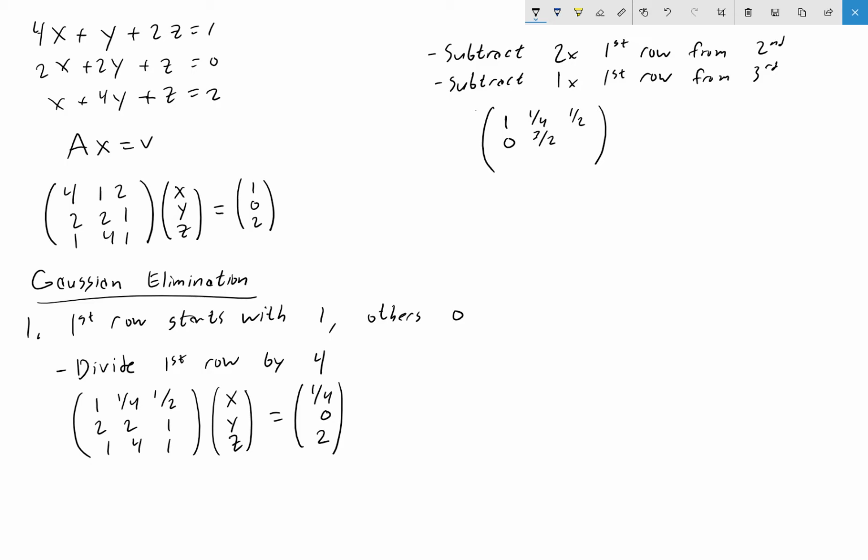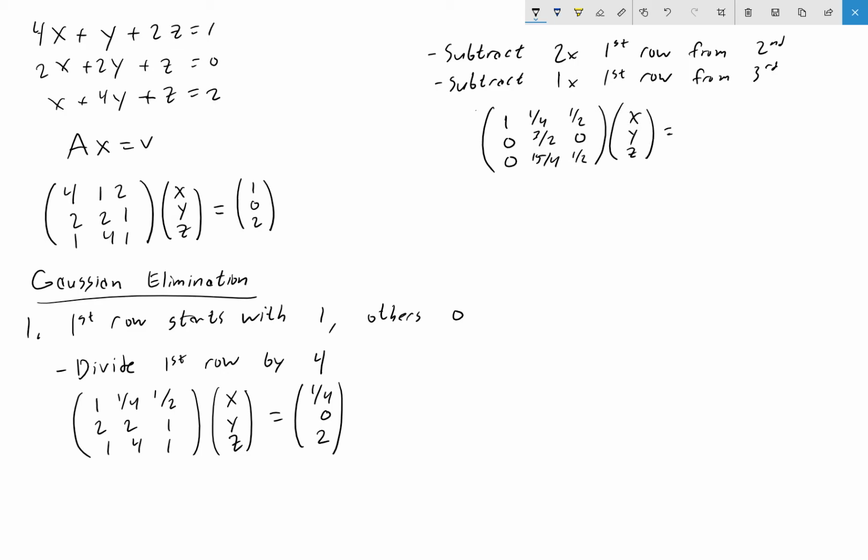And then I want to take 1 minus 2 times 1/2, so that's 1 minus 1 is 0. For my third row, I'm going to take 1 times the first row and subtract it. So 1 minus 1 is 0. Again, that was the whole point, to get that 0. 4 minus a quarter is 3 3/4, that would be 15 quarters. And 1 minus a half is a half.